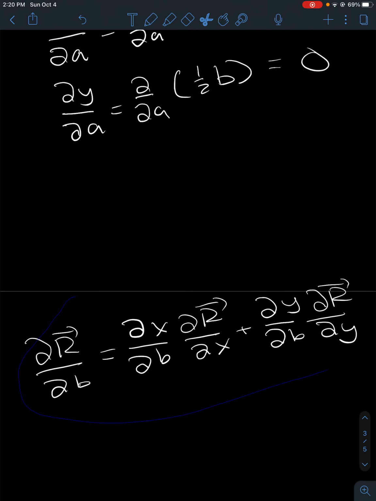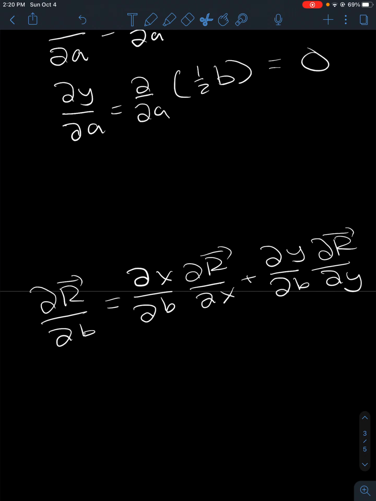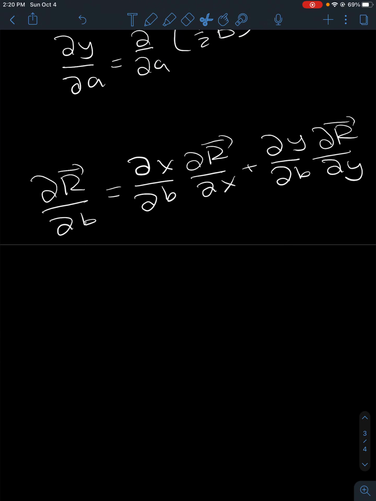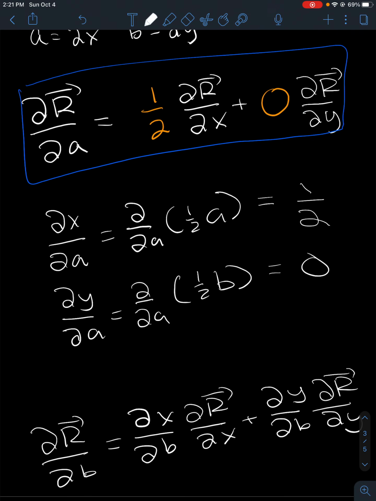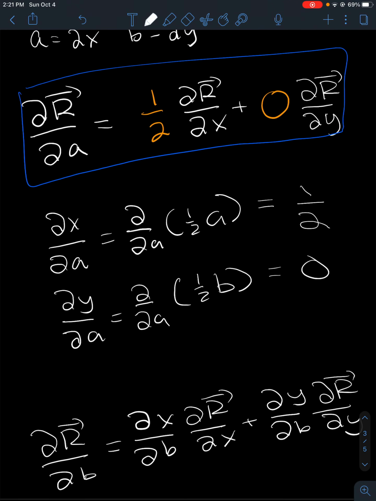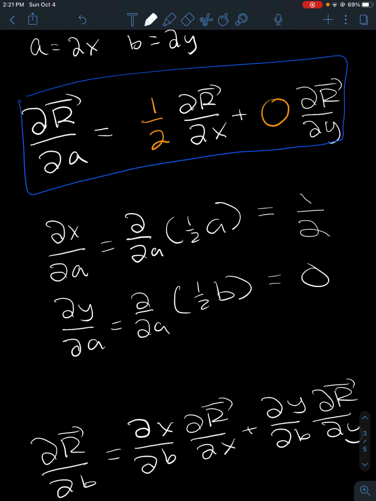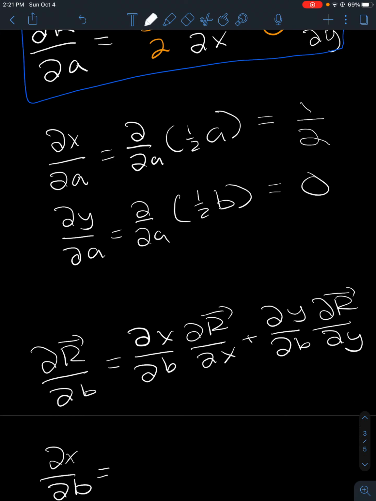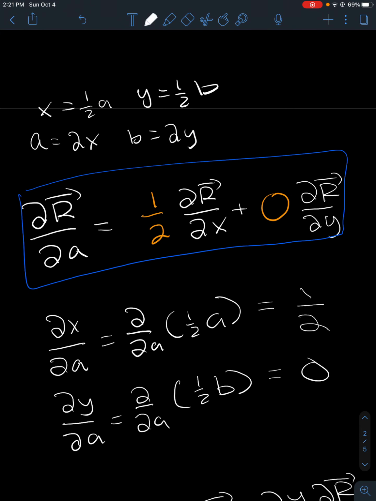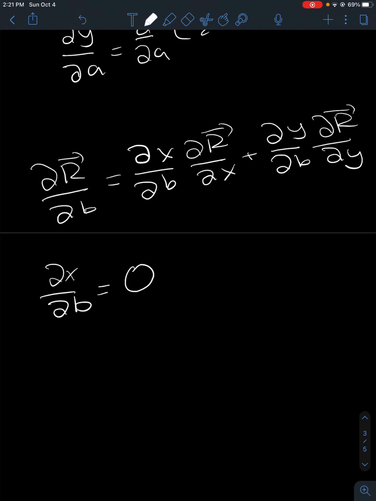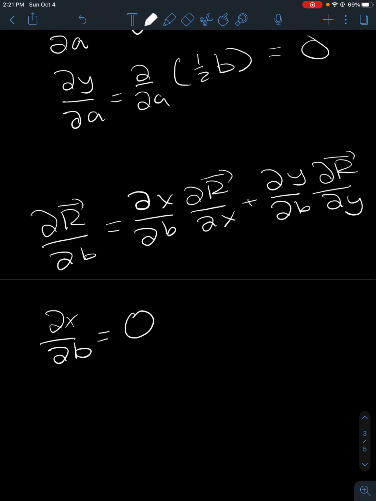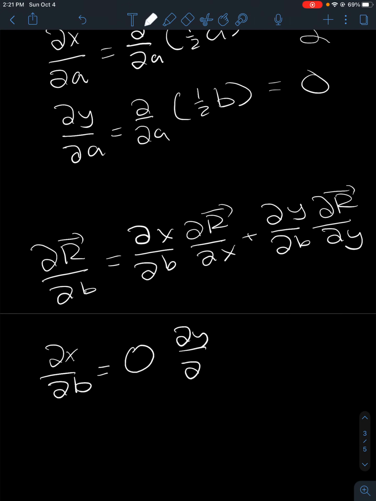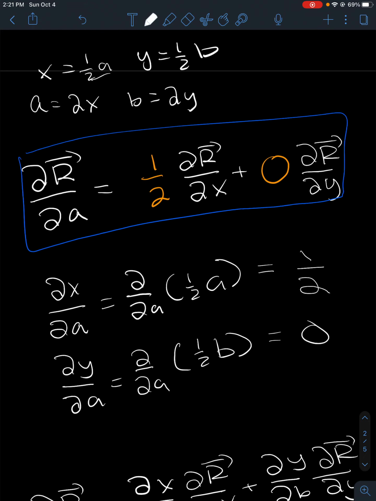Let's do the same thing for this factor over here. Partial x over partial b, we find that partial x over partial b will actually give us 0, because there's no b term over here. And then partial y over partial b will give us 1/2.